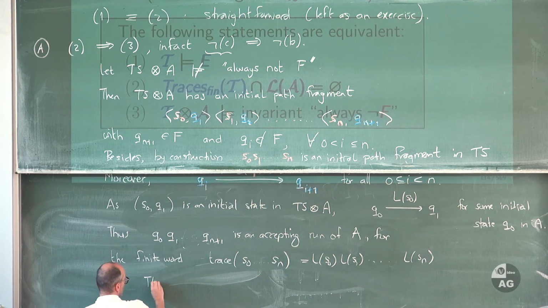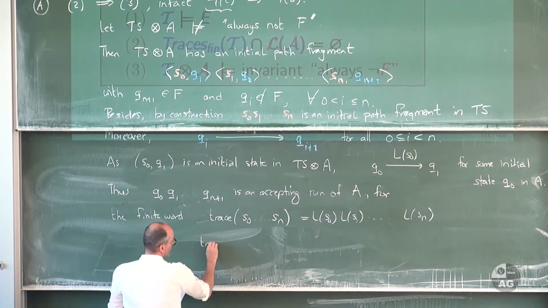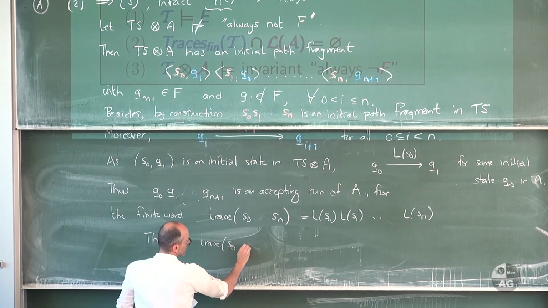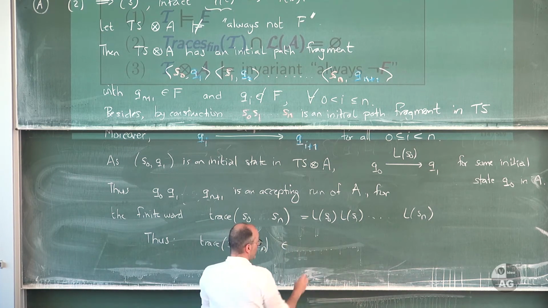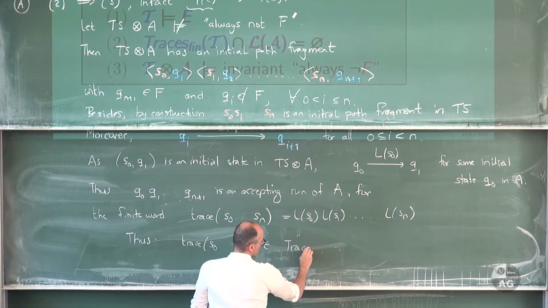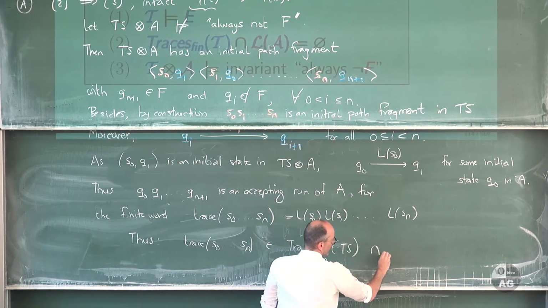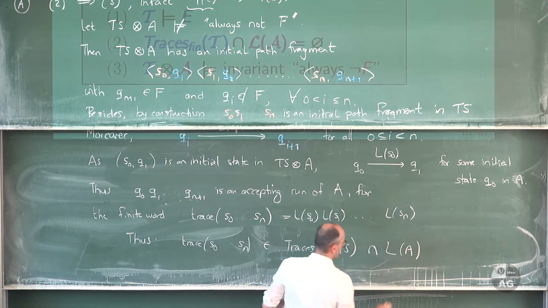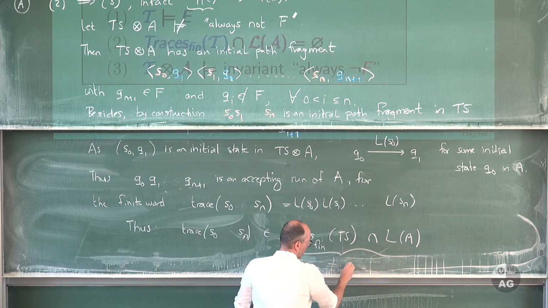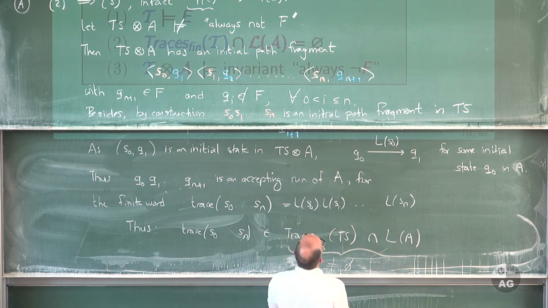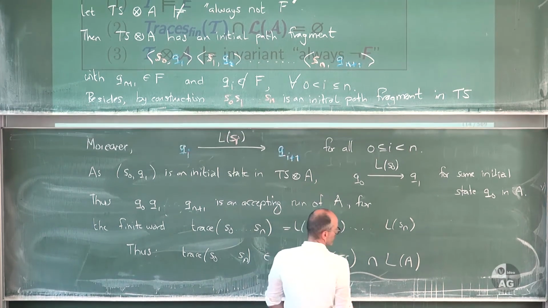Thus, this trace belongs to the intersection of the finite traces of TS and the language of this automaton, and that means that this thing is non-empty. And that's exactly what we need to prove, because that's exactly not B.